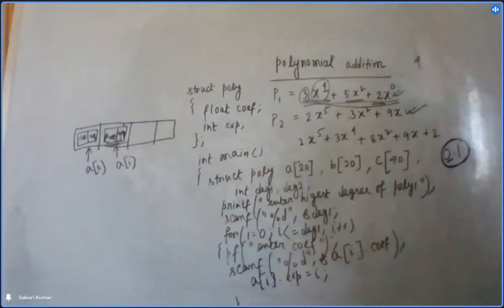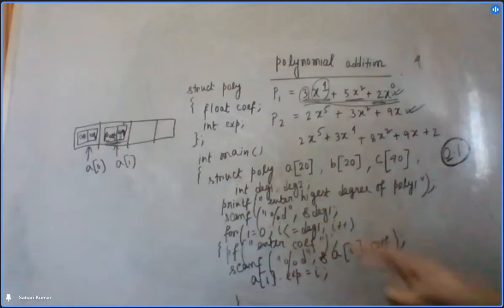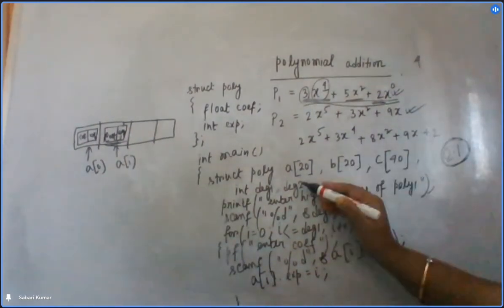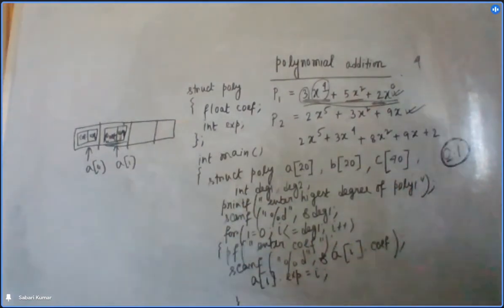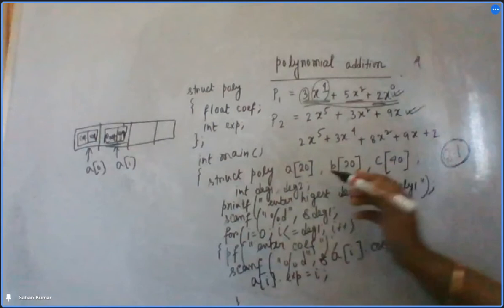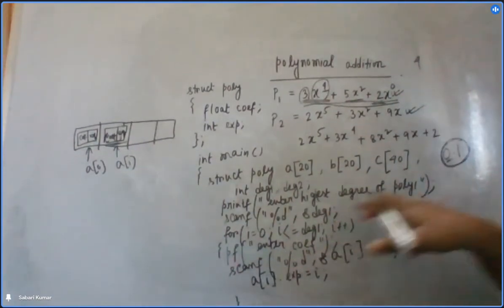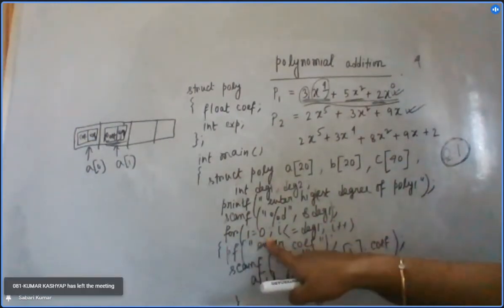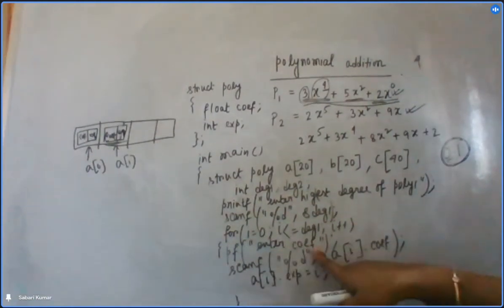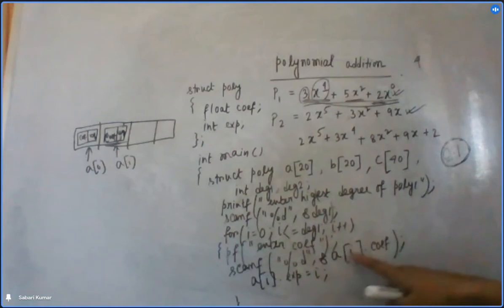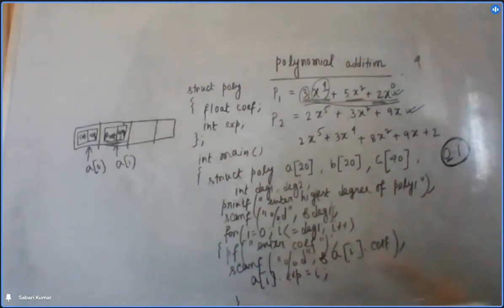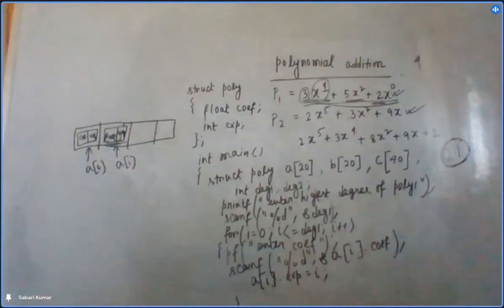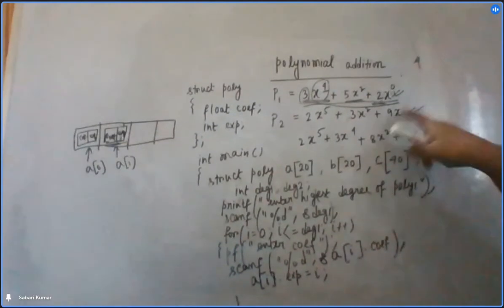Similarly, in the same way, what you can do, you have to take the second polynomial. তার জন্য আমি degree 2 নিয়েছি, তাহলে আমি এখানে লিখেছি same লাইন লিখবো: enter highest degree of polynomial 2, scanf percentage d ampersand degree 2, for I equals to 0, I less than equals to degree 2, I plus plus, enter coefficient, scanf percentage d ampersand b of I dot coefficient, b of I dot exponent equals to I. That means in the same way we can perform the execution of coefficient values and we have given these two polynomials.